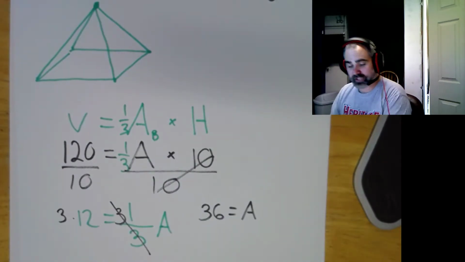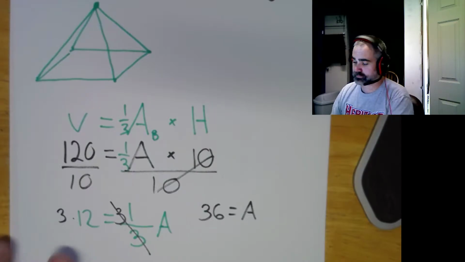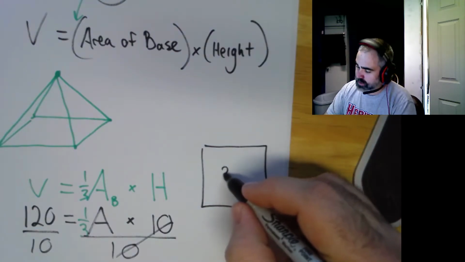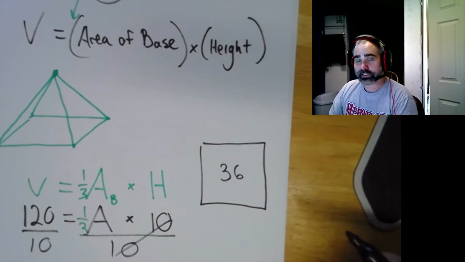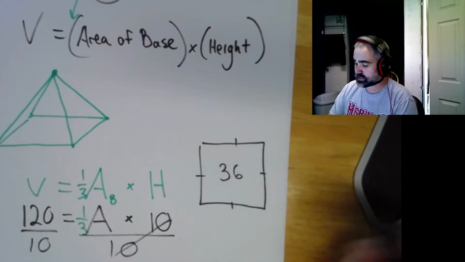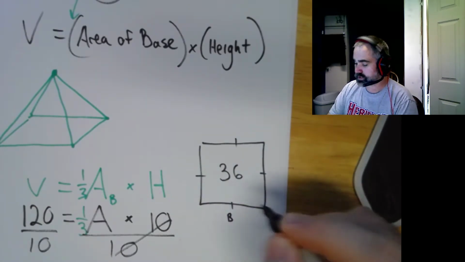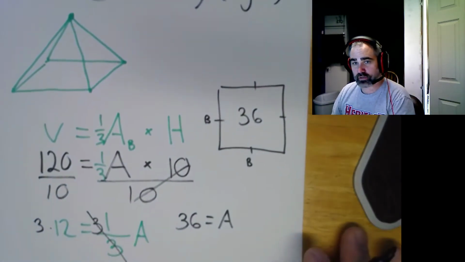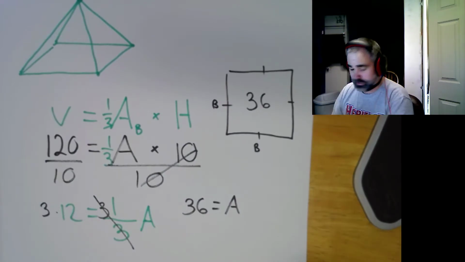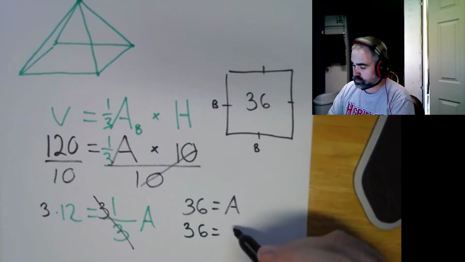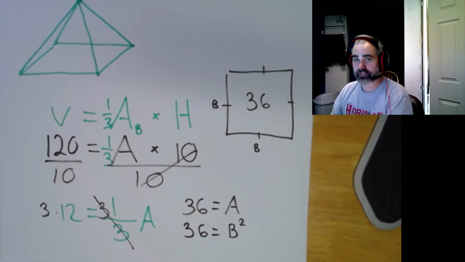That doesn't tell me the length of one side, though, which was the question. So I have a square. I know that the area is 36. And in a square, remember, all the sides are the same. So base times height are actually the same number. So essentially, base times height is just the same thing twice. So we'll just say base times base makes base squared because they're the same number.